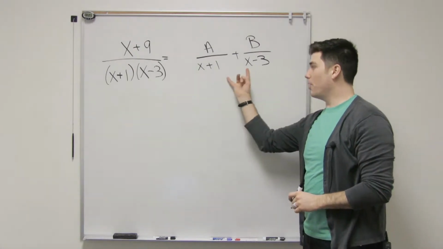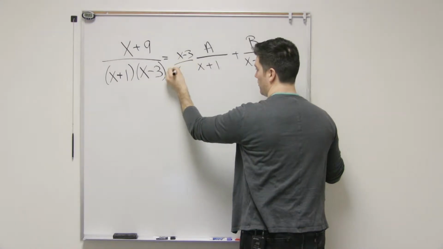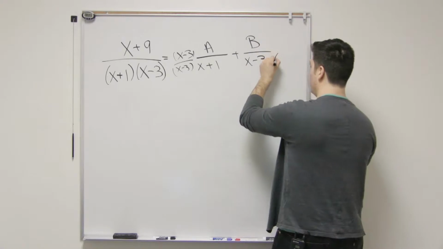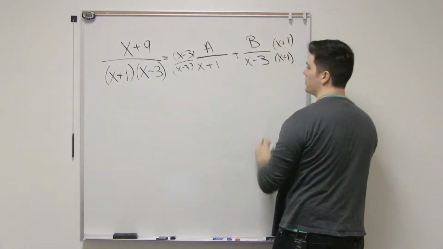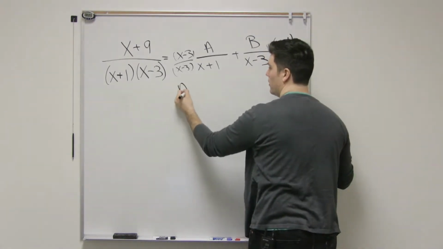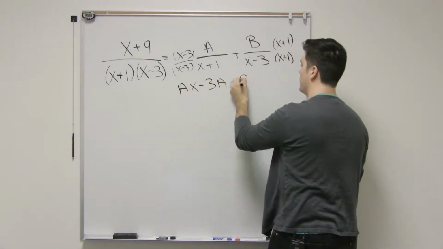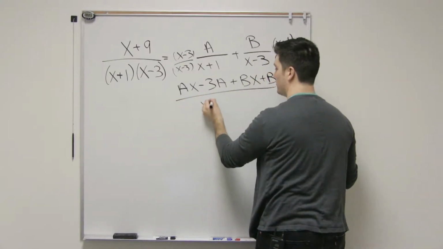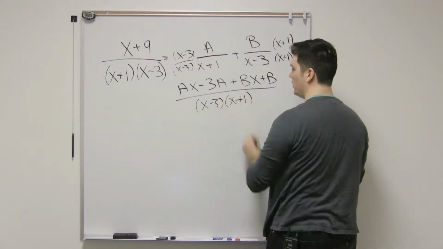We start by finding a common denominator on this side. We take our x minus 3, multiply it on top and bottom to this side, and we take our x plus 1 and multiply that on top and bottom to this side, and carrying that multiplication out, we get ax minus 3a plus bx plus b all over x minus 3 times x plus 1.